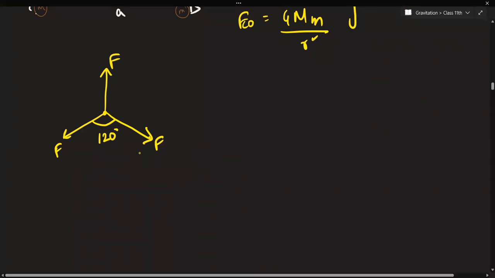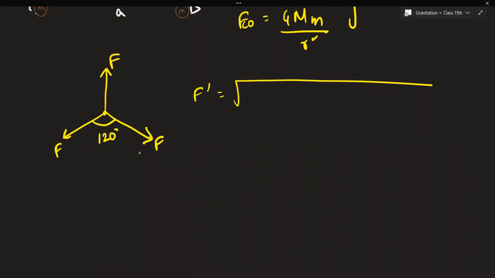See, if two forces are F, so F prime, let's say, what will be the net resultant? A square plus B square plus 2AB cos theta is the parallelogram law formula. So F square plus F square plus 2F square into cos 120 degrees, so that will be minus half.